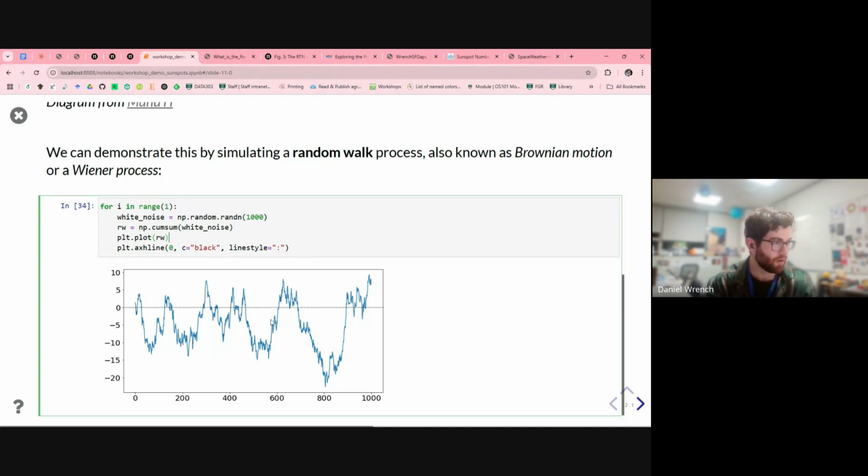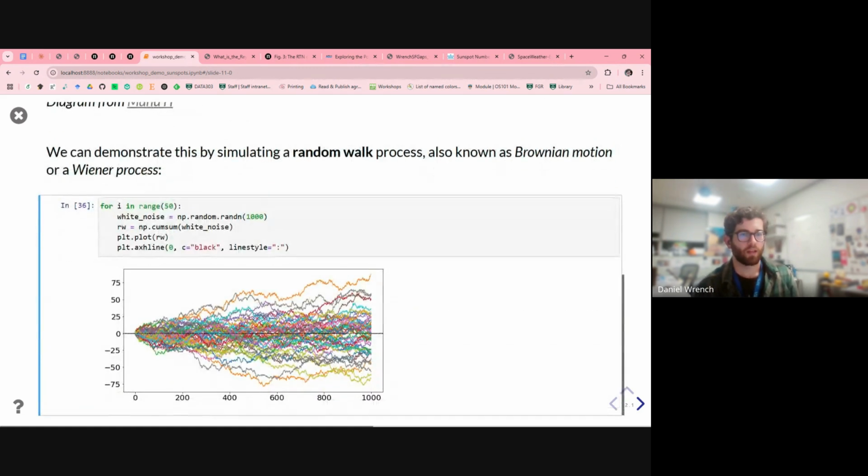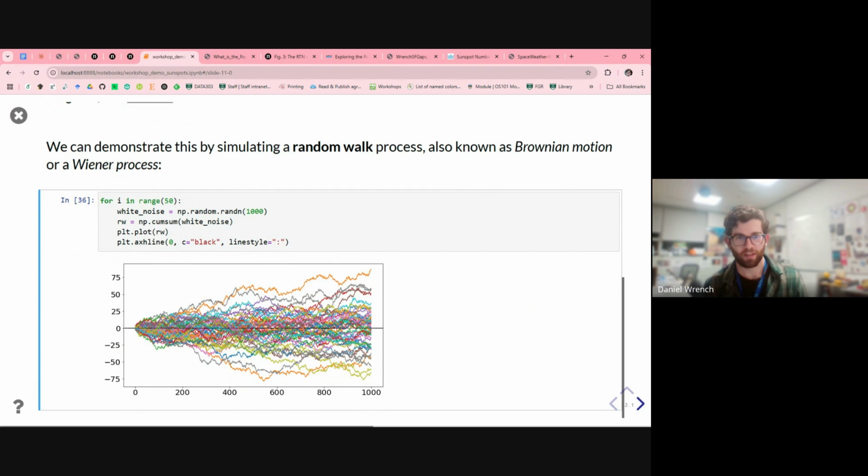So it'll occasionally go on these wild tangents and then hang around and then do another one. And then we can look at a couple of these. This one's very different, goes down for a while. But if we do a whole bunch of them, we get something that looks like this. Okay, so firstly, it's clearly non-stationary: the mean goes off, and you've got huge trends often.